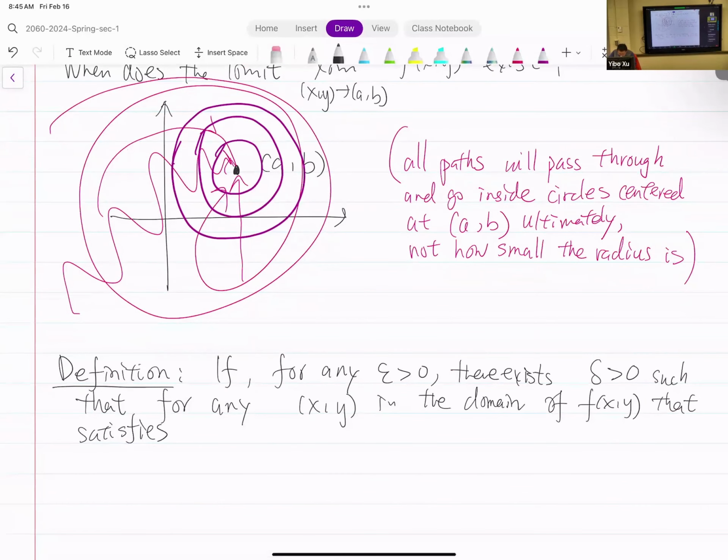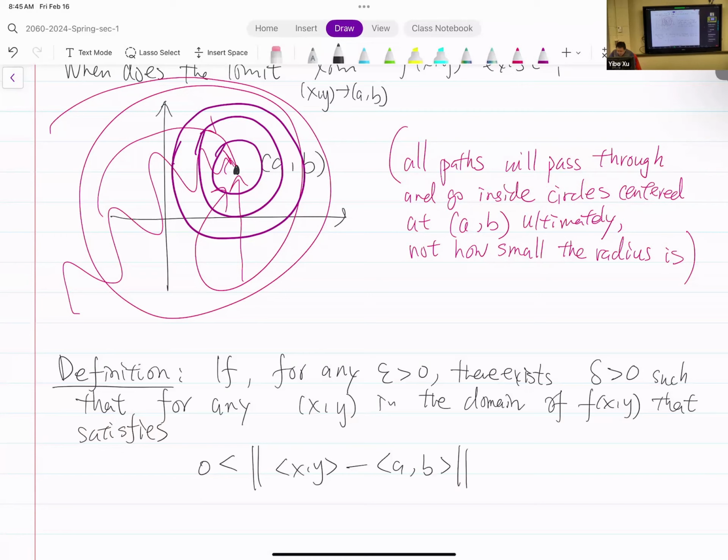So basically, when we talk about this kind of functional behavior, we're just saying, when the input is getting closer and closer to the point AB, the output of the function is getting close to the limit. When you think about the distance, it's always just the distance between the point xy and the input point AB.